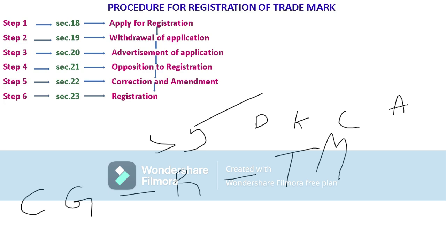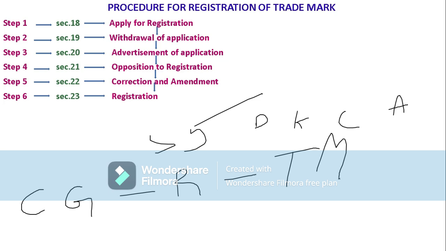At the same time, it nurtures brand loyalty. A distinctive trademark helps customers distinguish your products or services from your competitors, and it enhances the marketability of your goods or services.